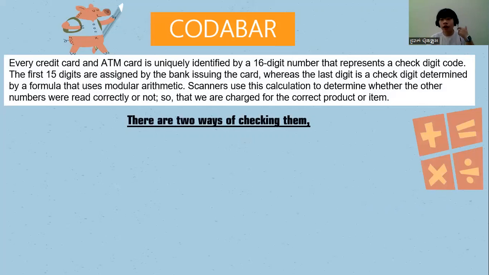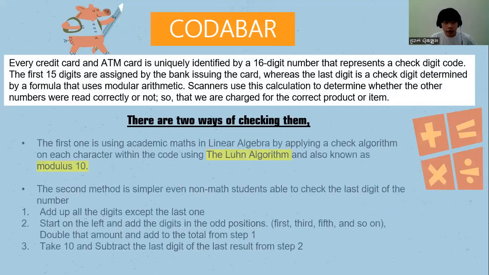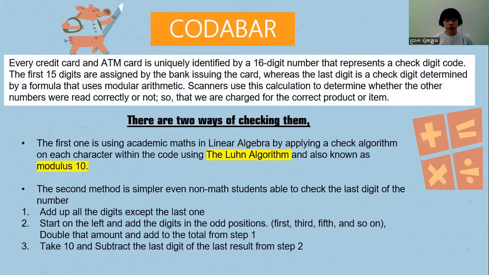There are two ways of checking the last digit of the Codabar. The first one is using the academic math in linear algebra by applying the check algorithm on each character within the code using the Luhn algorithm, also known as modulo 10.